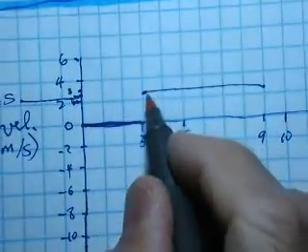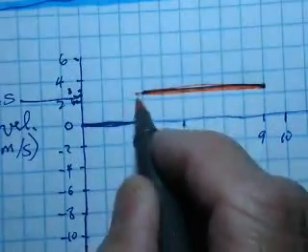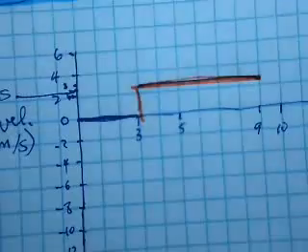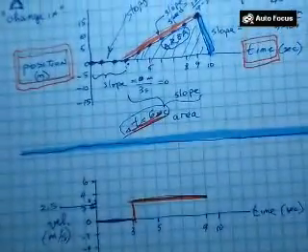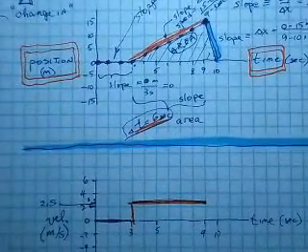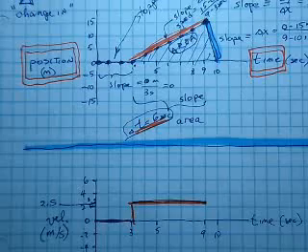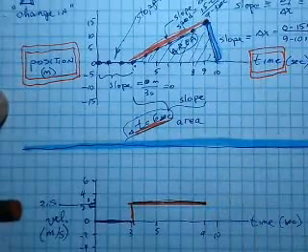I'm going to make it red again, just so you can remember that they go together. And now that graph doesn't look at all like the graph above it, but it's saying the same thing. It's saying that my speed was a constant, not changing, 2.5 meters per second, the slope of that line.